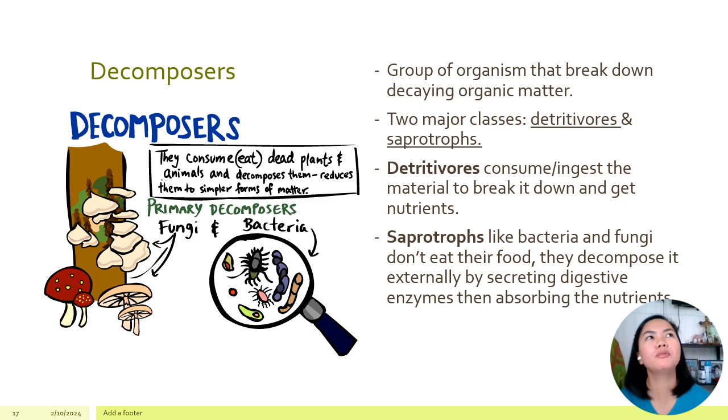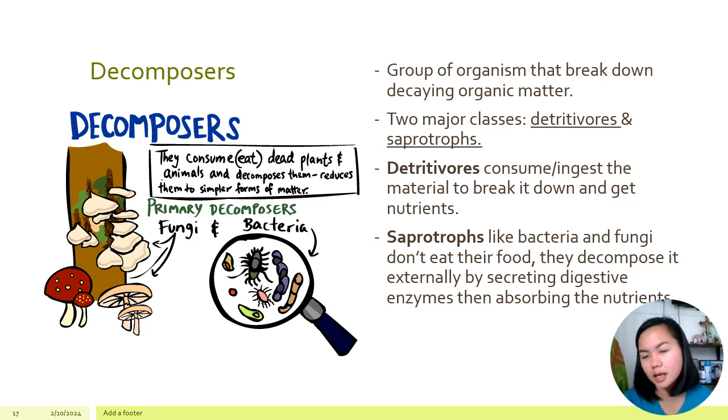So when we say decomposers, the general term for them is decomposers, but we can classify them. There are different types of decomposers. We have the saprotrophs, which is the major decomposers, or saprophytes. They are not commonly called saprotrophs or saprophytes. They're just called decomposers.